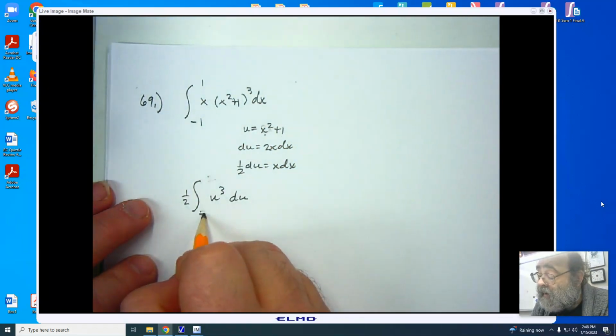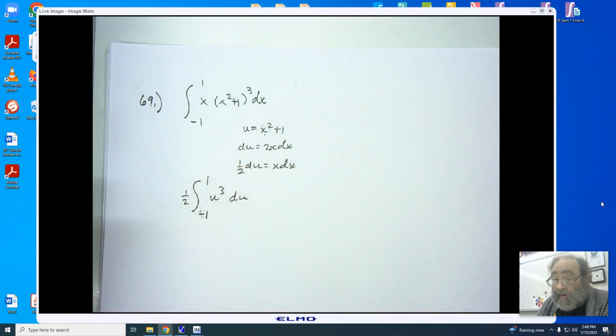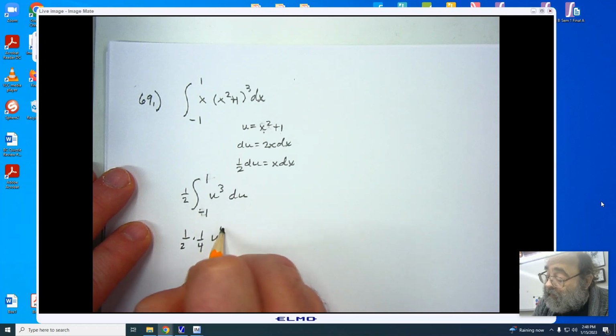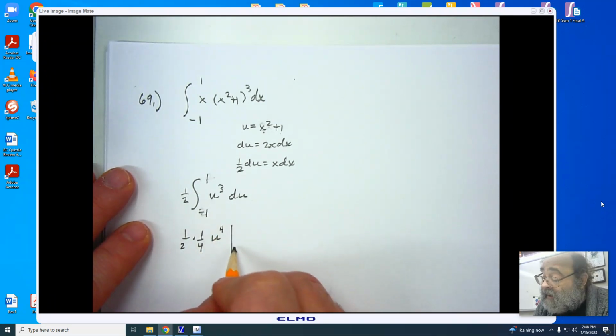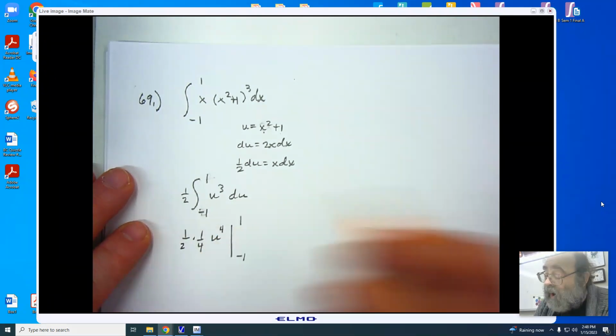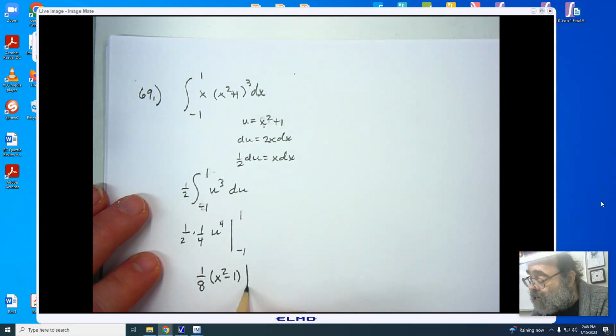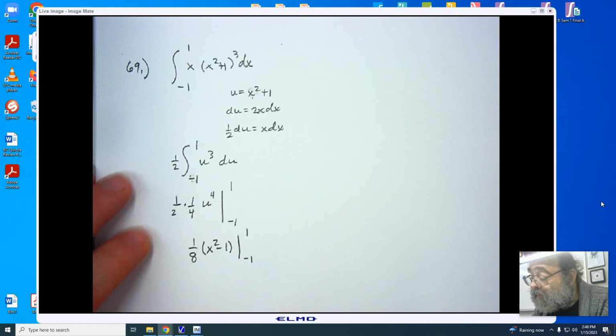Be aware of that. We very well may just get 0, but I'm going to back substitute. 1/2 times 1/4, u to the 4th power. It's even from -1 to 1. It is going to be 0. We can see that, but I'm going to go through all of the motions just so that you can tell.